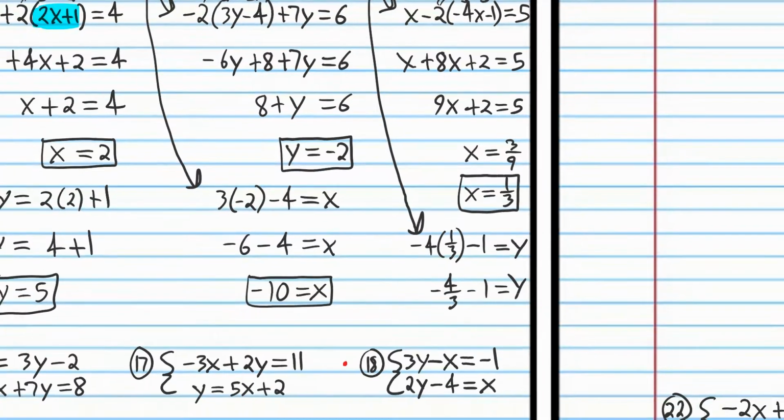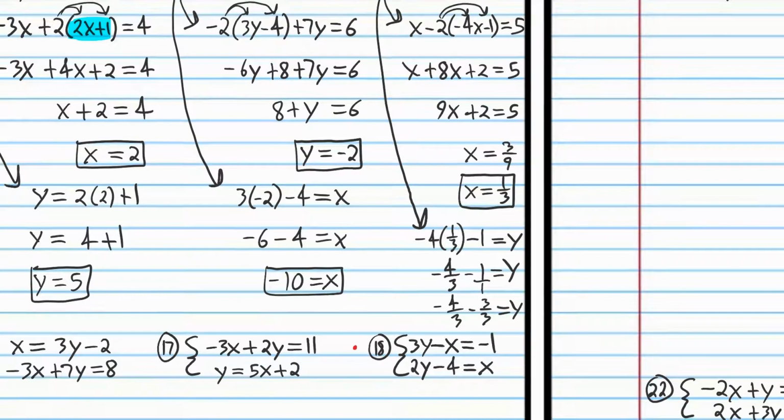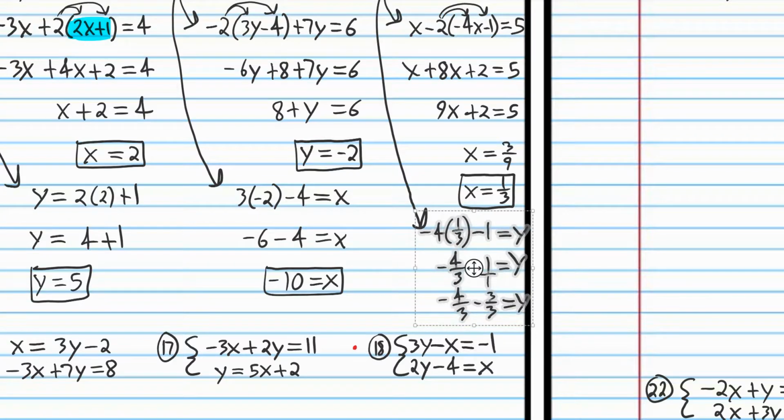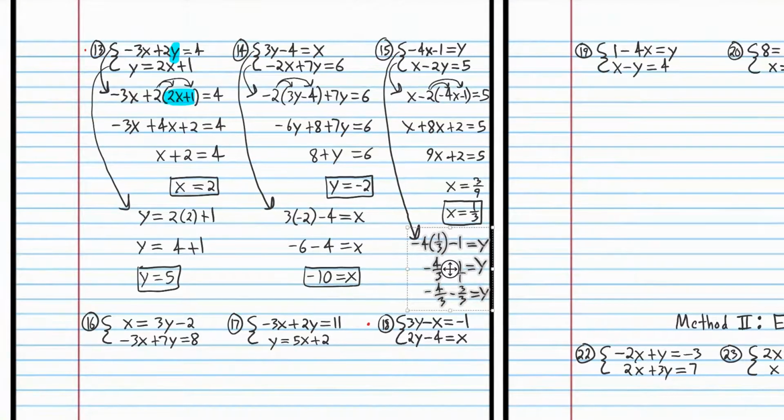So negative 4/3 minus 1, I'm going to write that as 1/1. And so I can use the fundamental principle of fractions, multiply both sides of that fraction by 3, and I get negative 4/3 minus 3/3, which is obviously negative 7/3. I'm sorry, I'm going to have to allow for more room here.